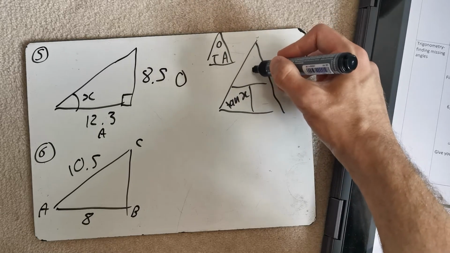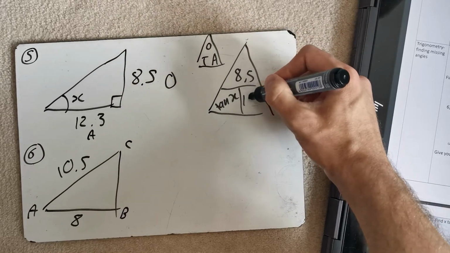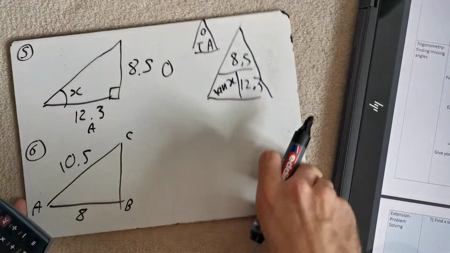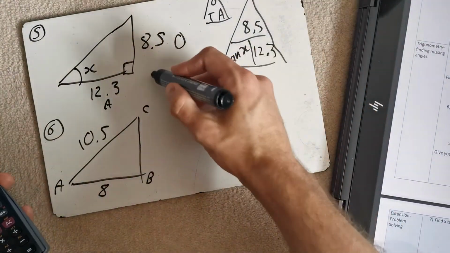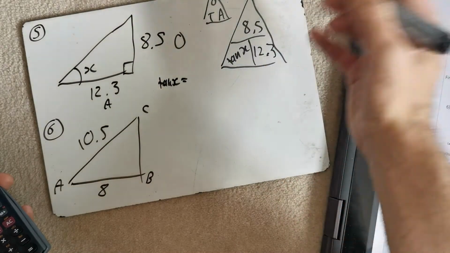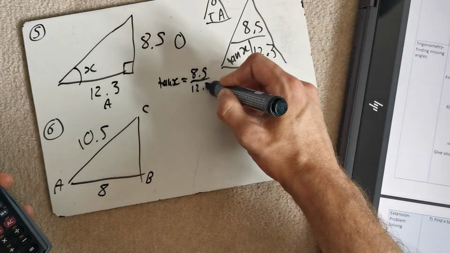We're going to have the opposite on top, which is 8.5. We're going to have the adjacent there, which is 12.3.